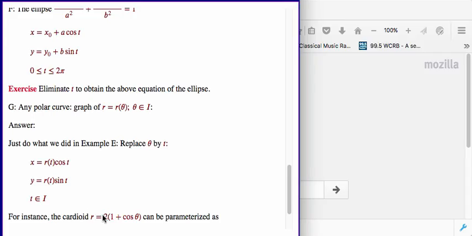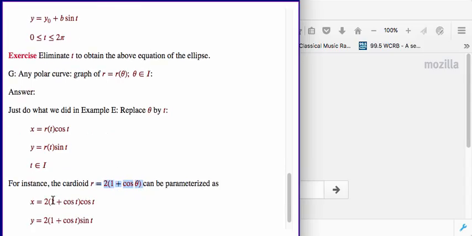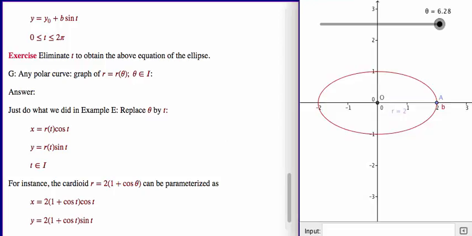So r of t would be 2 times 1 plus cosine of t, as shown here. Here is r of t, 2 times 1 plus cosine of t, and then just copy the rest of it over. Same for y. So this would parameterize what we wanted.